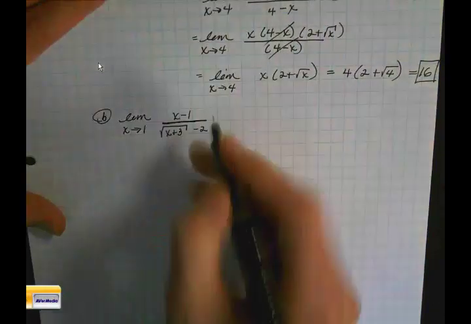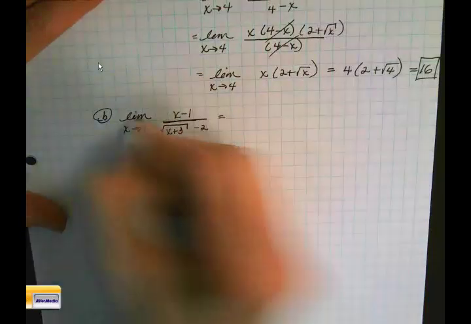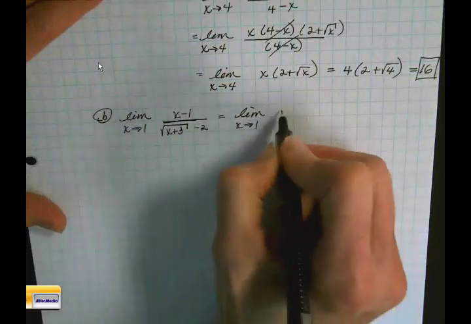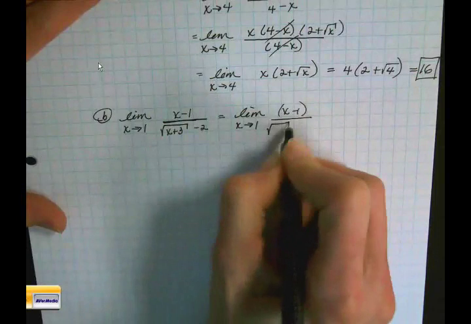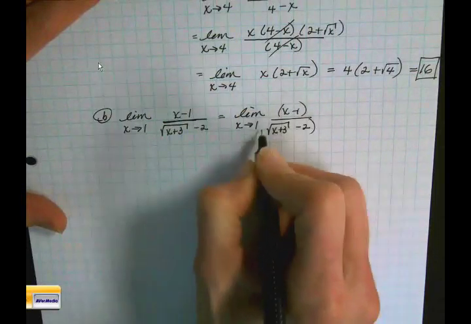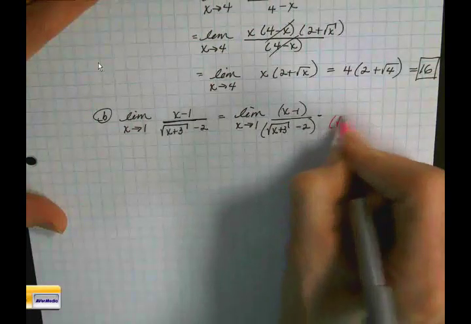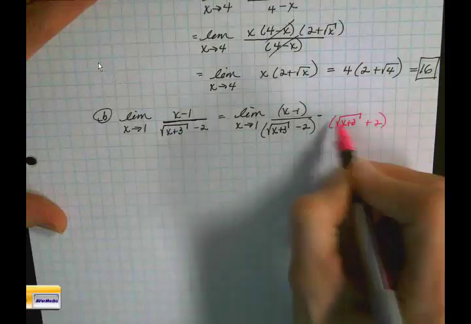So I'm going to try the conjugate of the denominator again and just hope it works. We don't really know if it's going to work or not, but it pretty much is our only option. This gives us something we can do. So this is x minus 1 over the square root of x plus 3 minus 2. The conjugate of that denominator is the square root of x plus 3 plus 2.